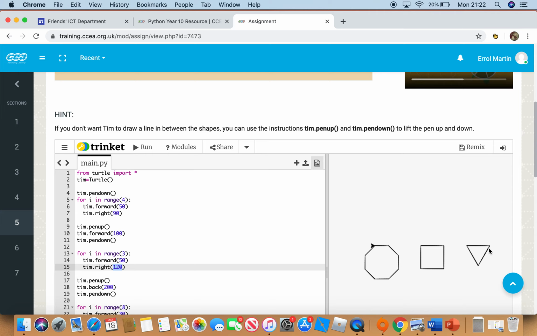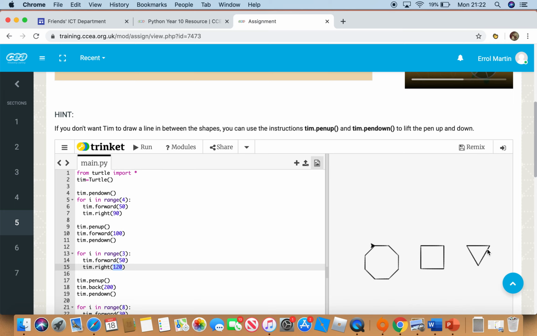And we know, hopefully if you've done shapes in maths, you will know that an equilateral triangle has all the sides and the interior angles the same. So each angle in an equilateral triangle is 60 degrees. They add up to 180.